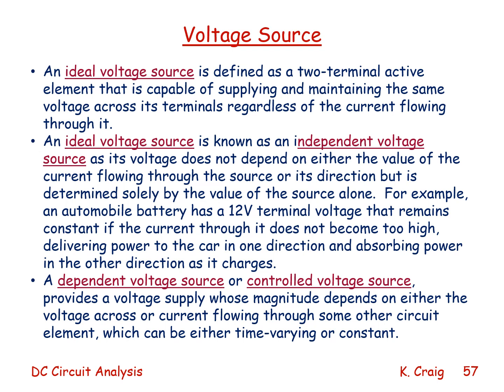A dependent voltage source, or controlled voltage source, provides a voltage supply whose magnitude depends on either the voltage across or current flowing through some other circuit element, which can be either time varying or constant.